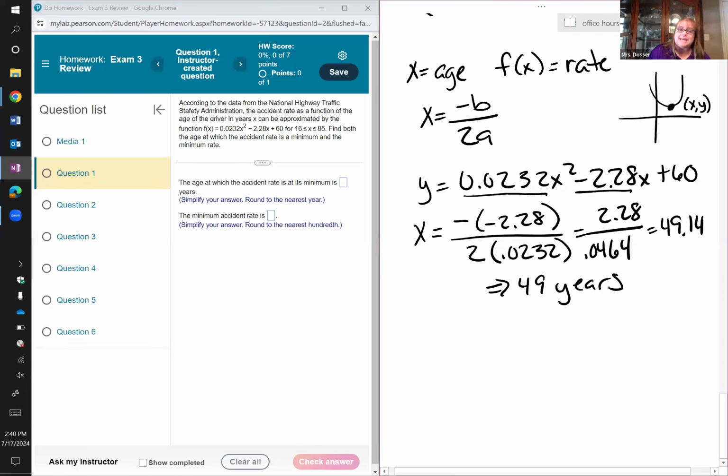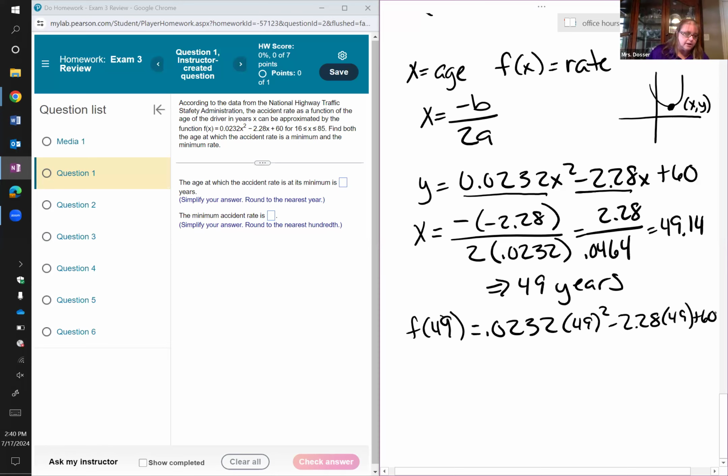And then we plug that back in order to find the minimum accident rate. Plugging that back into our equation, f(49) = 0.0232 × 49² − 2.28 × 49 + 60.